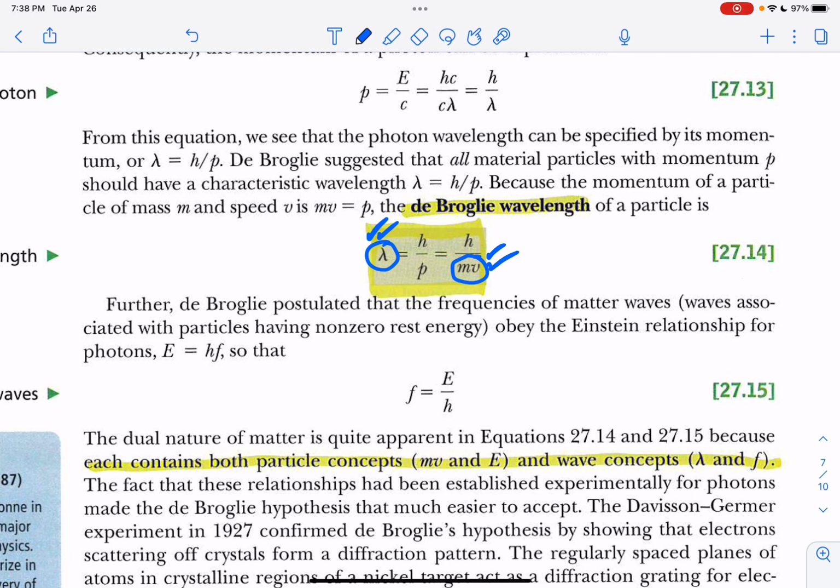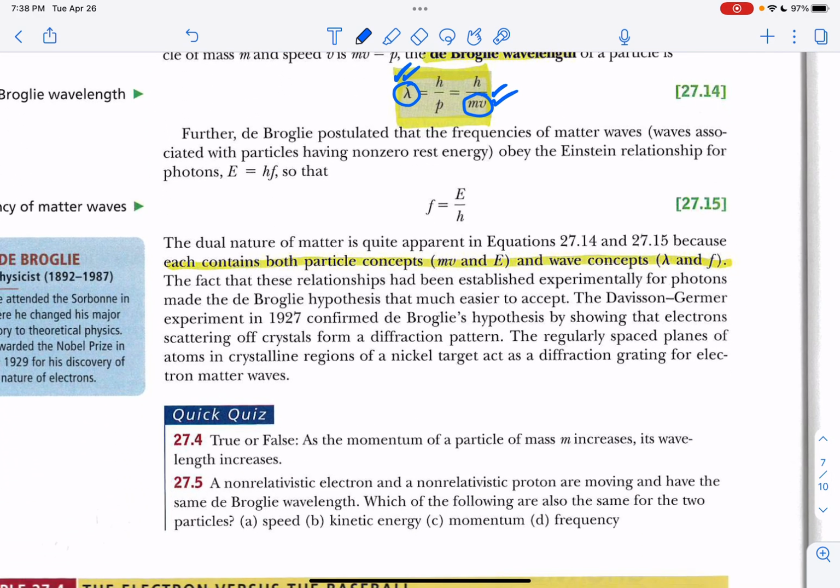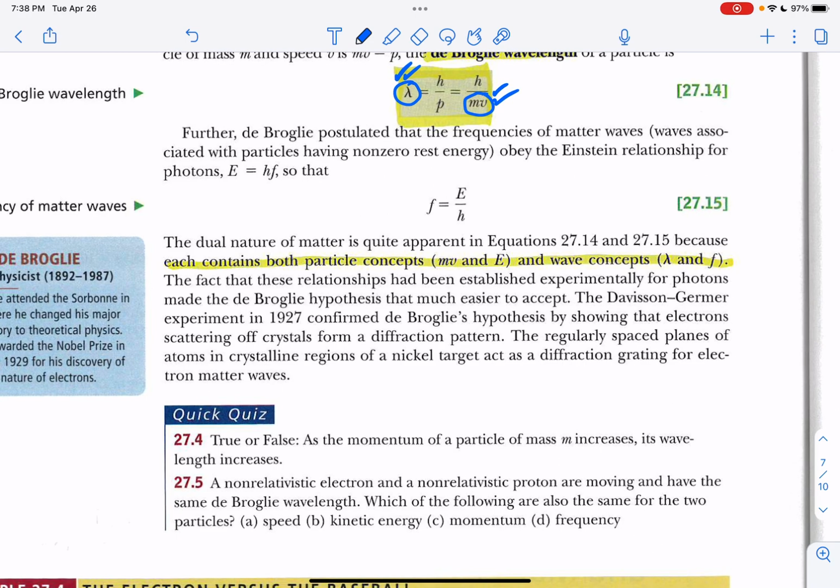Now, of course, the wavelength that you get is impossibly small to measure. But this idea of the dual nature of light is now extended into the dual nature of matter.